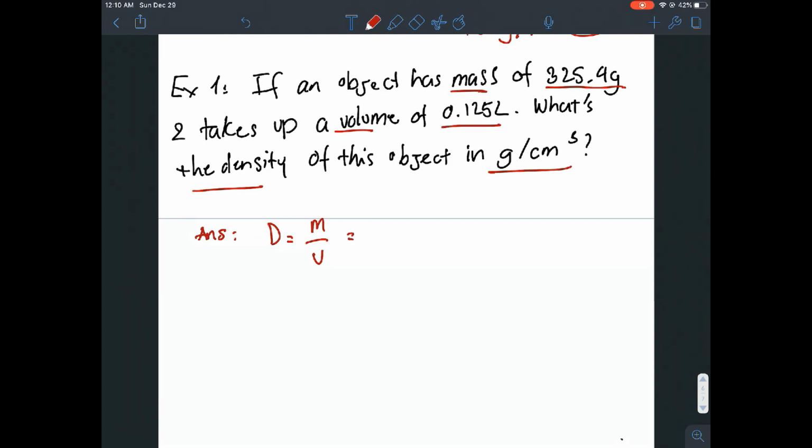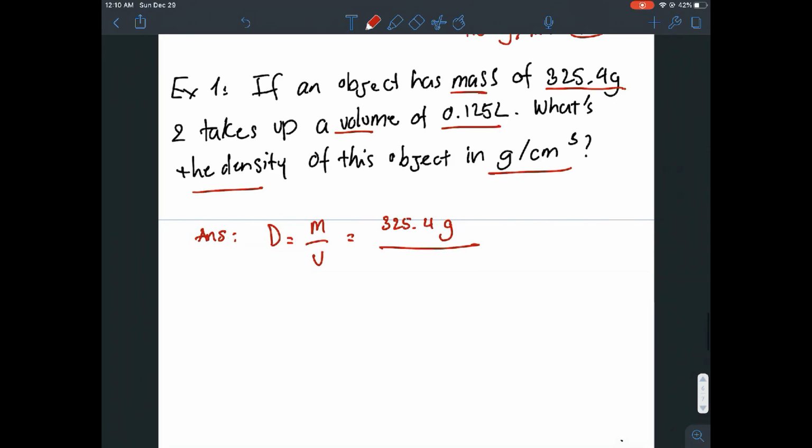Then we just plug the numbers in. 325.4, we have to include the unit here, that is gram, over the volume, 0.125 liter. But we have to convert into gram per cubic centimeter, right?